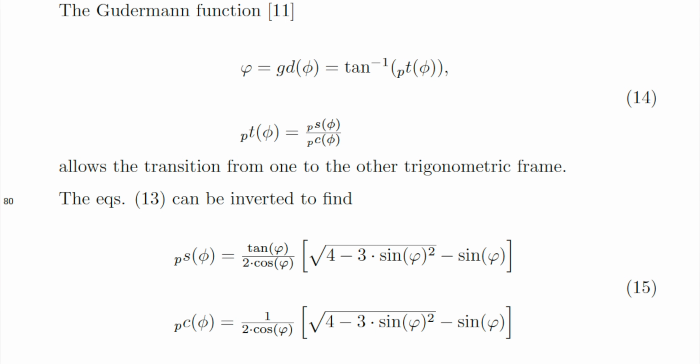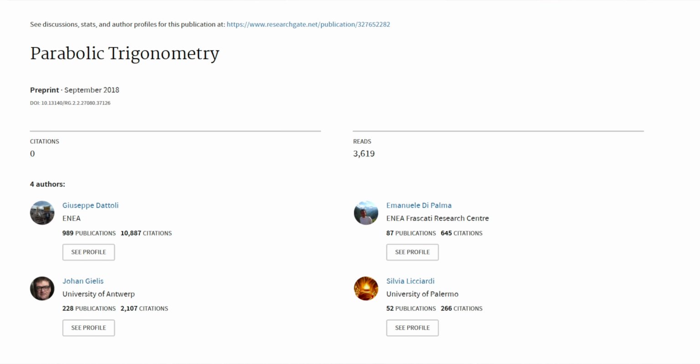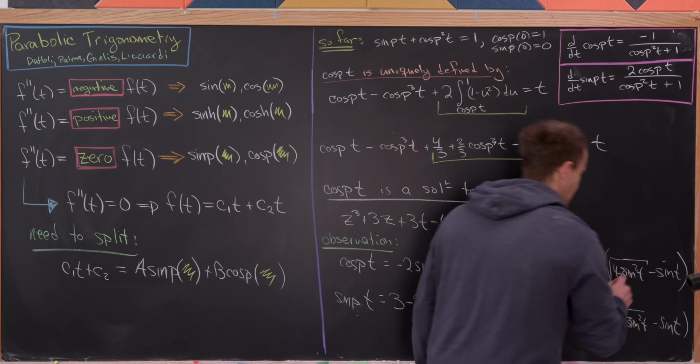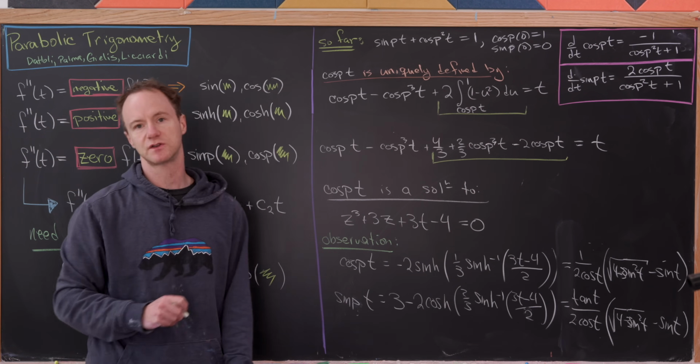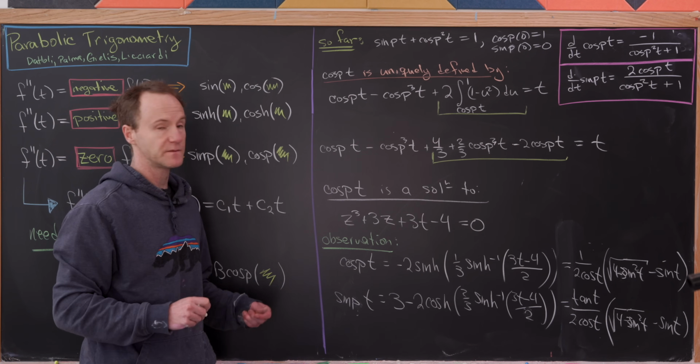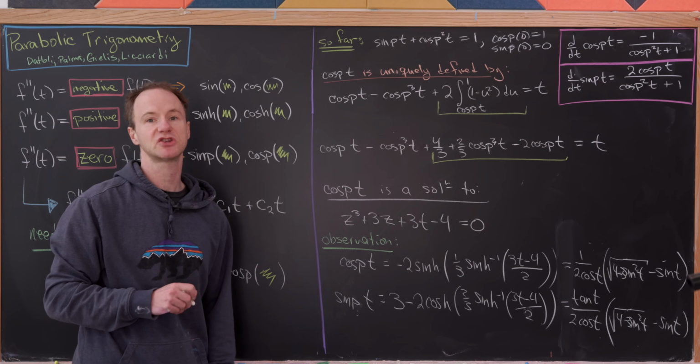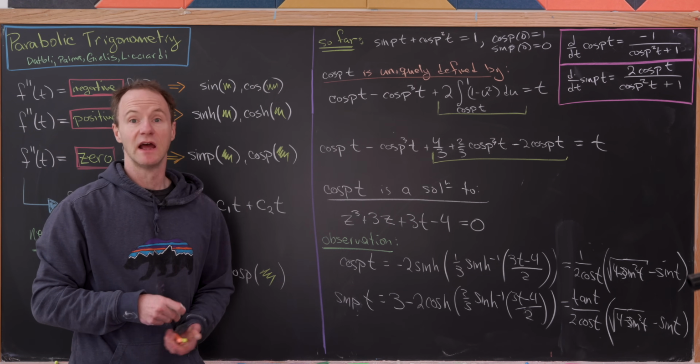We'll have tangent of t over 2 times cosine of t, and then we actually get that multiplied by the same thing. So we'll have the square root of 4 minus sine squared t minus sine t. Oh, and I missed a 3 that should be multiplying this sine squared inside of those square roots. Okay, so there you have it, a nice exploration of the parabolic trig functions, and that's a good place to stop.